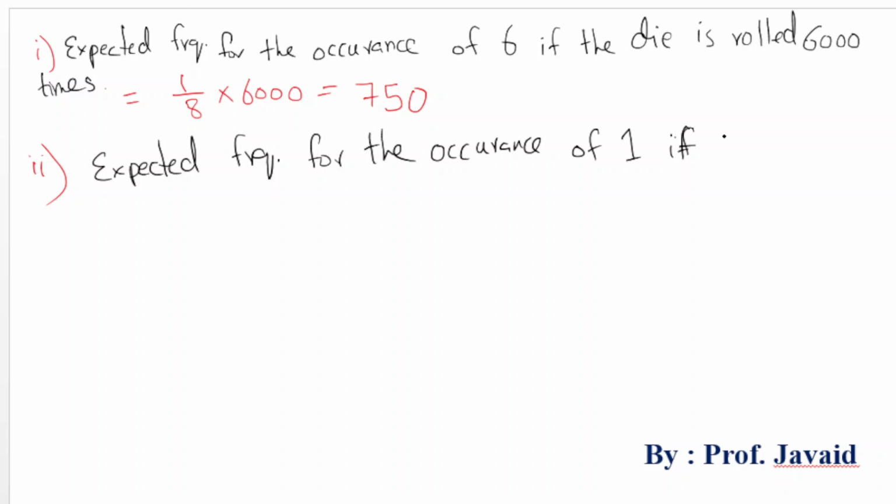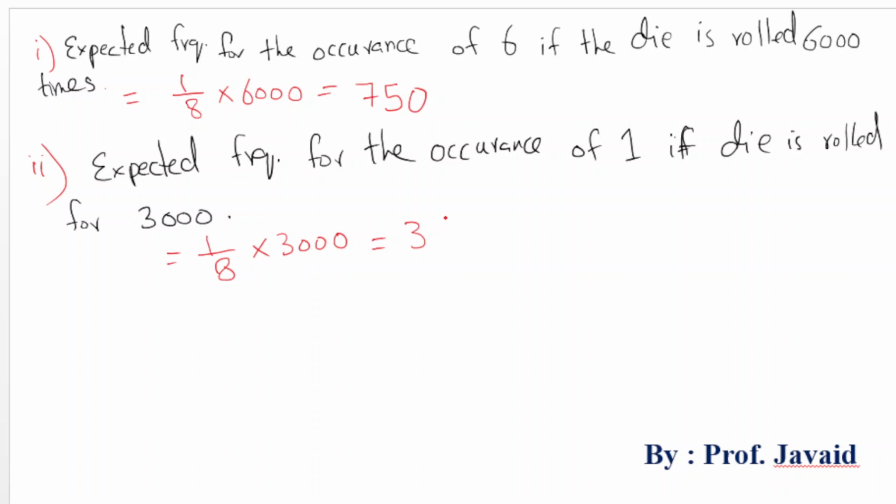If the die is rolled, for how much time? As we read, 3,000 times. You can see from your book. We just have to multiply 1 over 8, which is the relative frequency, by 3,000 and we will get 375.